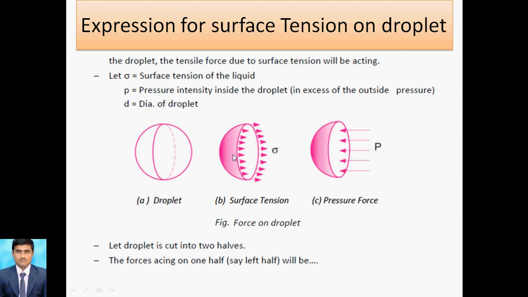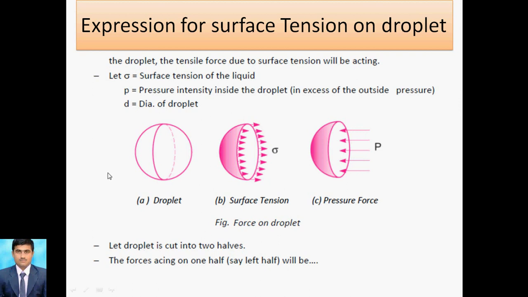This is the first half, and on the circumference it behaves with surface tension. Here D is the diameter and P is the intensity of pressure. On the surface of the droplet, it behaves with tension.